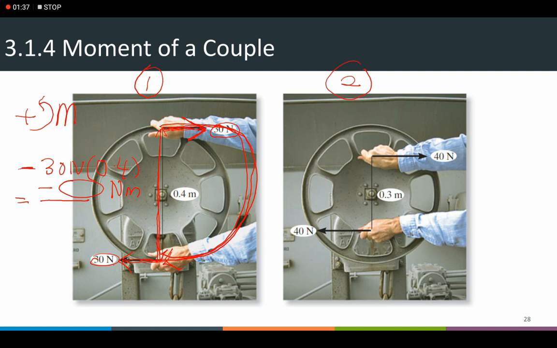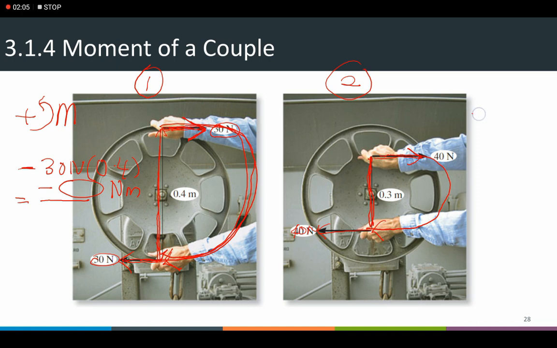Same with picture 2, where to the right 40 Newton and to the left 40 Newton. Opposite forces. So distance is 0.3 meter. Look, the direction is clockwise.